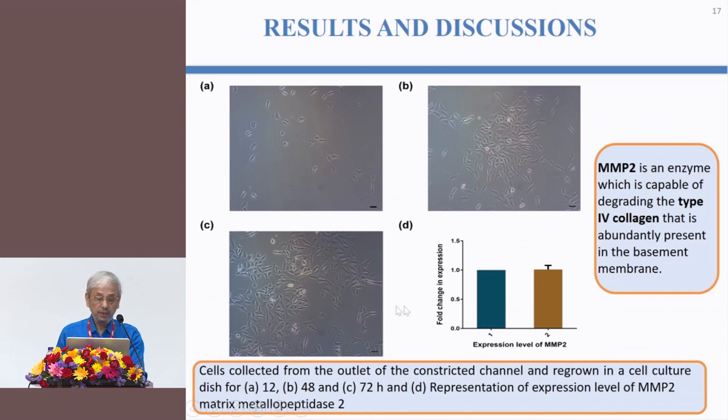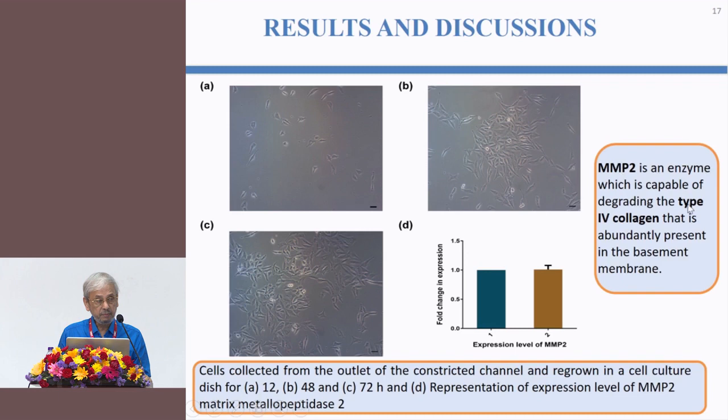Now after collecting these cells from the exit, another assay is used, where we can see whether the cell growth activities are observed again. And here after 12 hours, 48 hours and 72 hours, we could see the footprint of the cell division, which is the production of MMP2.